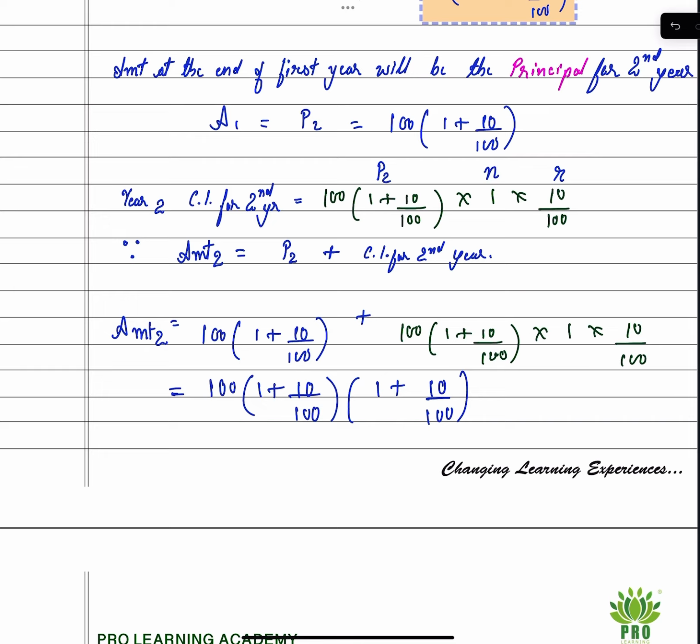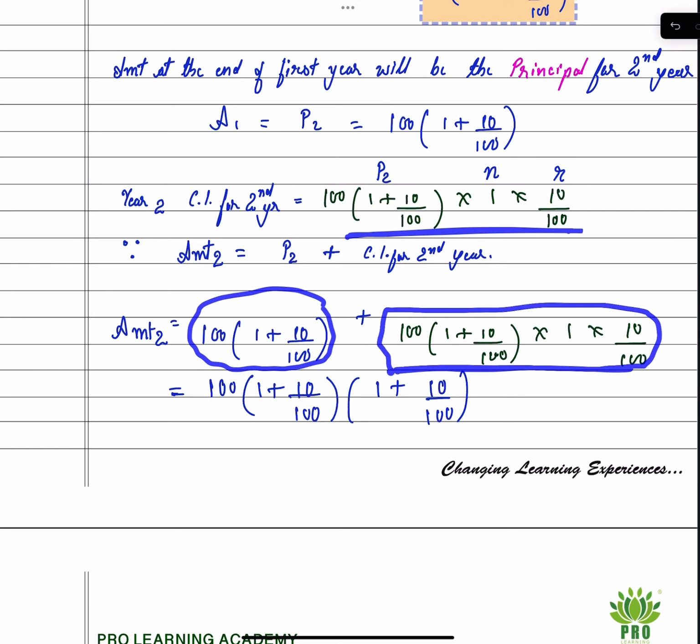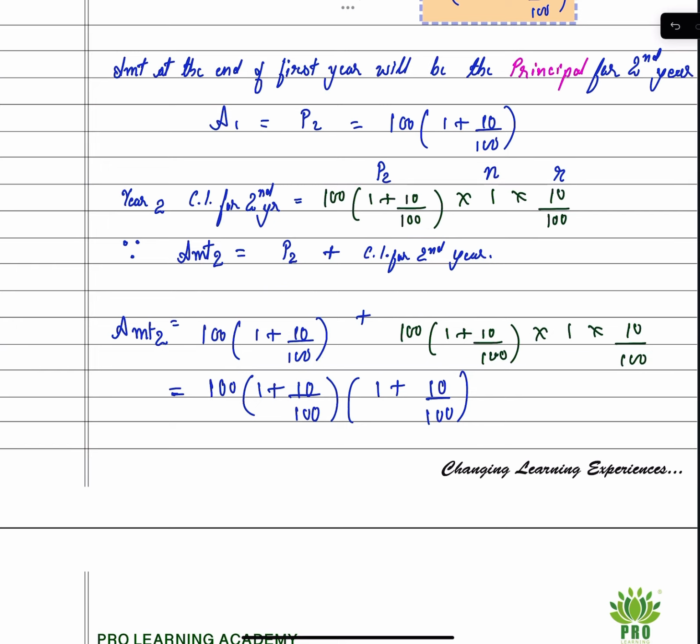So amount at the end of the second year is the principal at the start of the second year and the interest earned in the second year. If we do the factorization again over here, we know that this entire element and this element are just the same.